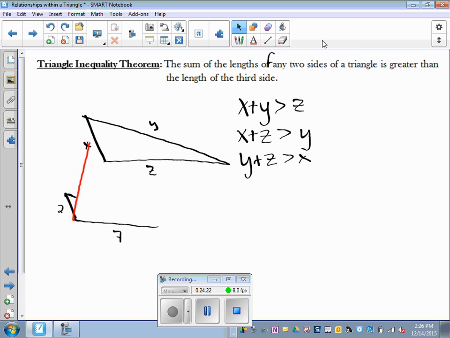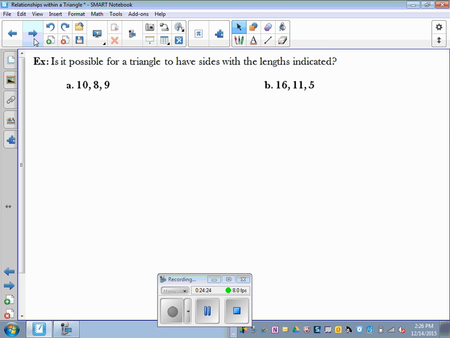Okay, so let's take a look at some actual examples using this. One thing we use this for is to decide if three given sides can create a triangle. So is it possible for a triangle to have sides with the lengths indicated? To check this, the quickest thing to do is take your smallest two sides and add them together, see if they're greater than that last side.